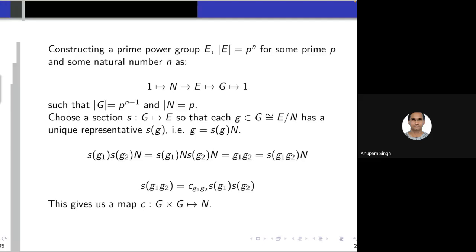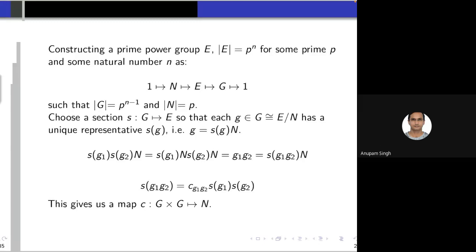Therefore, we have an element in N, let's say c(g1, g2), such that S(g1 g2) equals c(g1, g2) S(g1) S(g2). So this process gives us a map c from G cross G to N.